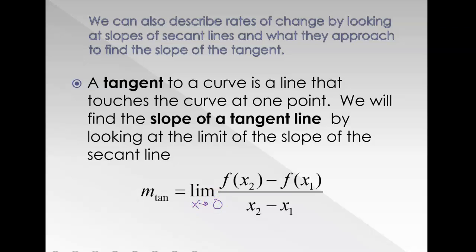It is the limit as the difference from x2 to x1 goes to 0. A tangent line to a curve is a line that touches the curve at one point.